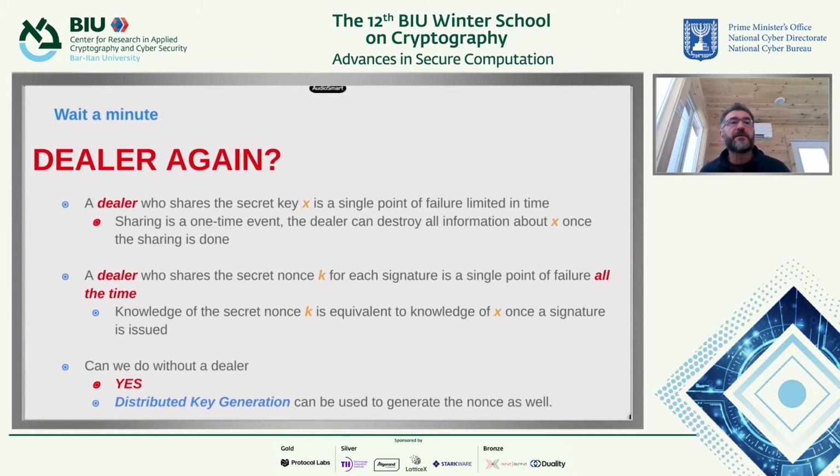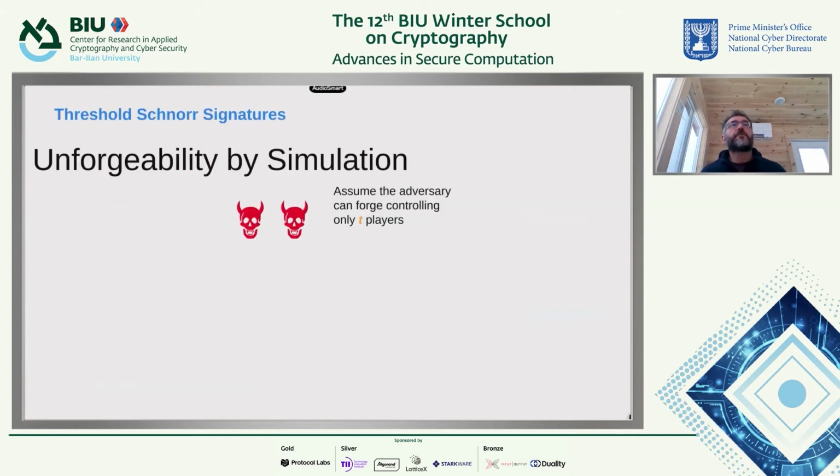So let's continue. We'll talk about that in a minute, but let me finish. Let's do the unforgeability proof by simulation for Schnorr, because it will tell us what property we need from this DKG. But let's do the simulation first with a centralized dealer. So we have a simulator that is going to forge the centralized key.